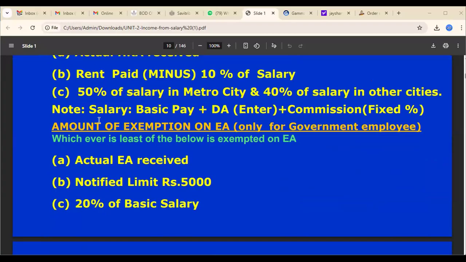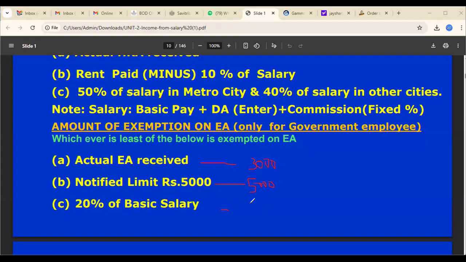In case I received some entertainment allowance, exemption is allowed for government employees only. For all private people, entertainment allowance is not allowed. Suppose I actually received 3,000 as my allowance, my limit is 5,000, and I consider 15,000 my salary.